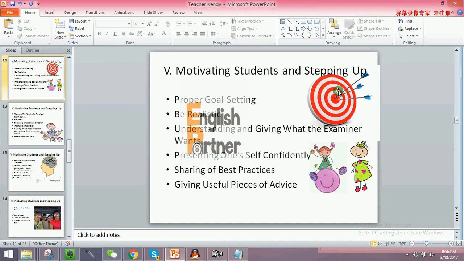I help my students understand what the examiner wants to hear when they answer different kinds of questions. And also how they can present themselves confidently and avoid being nervous.